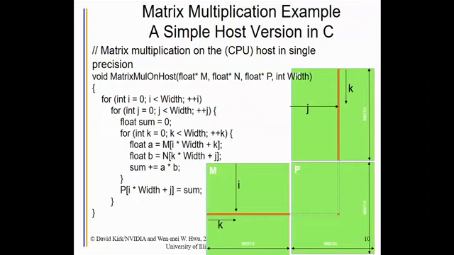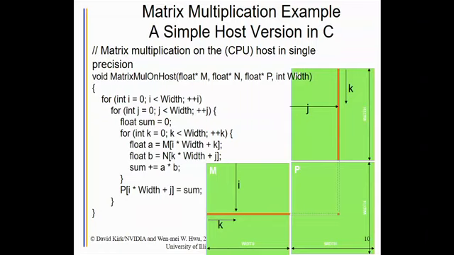And then we go to the outer two levels of loops. Essentially, in a sequential code, what we do is that we iterate through all the rows of P, and that's the outer loop.